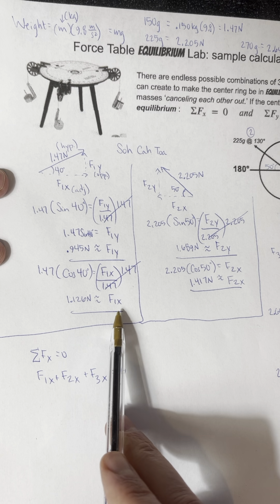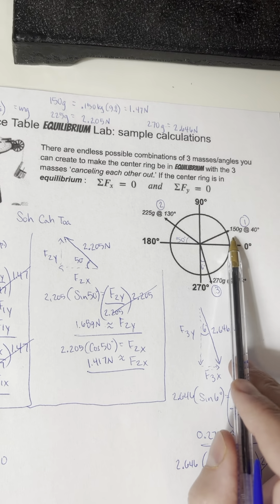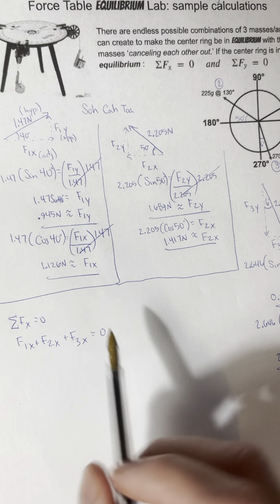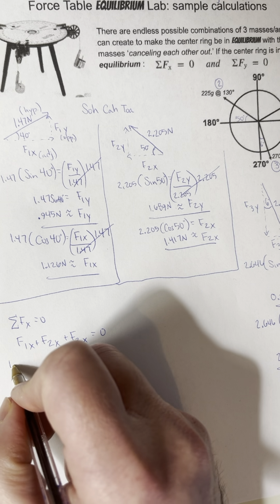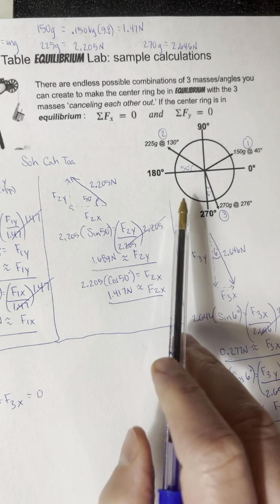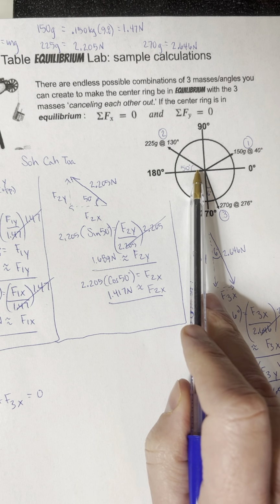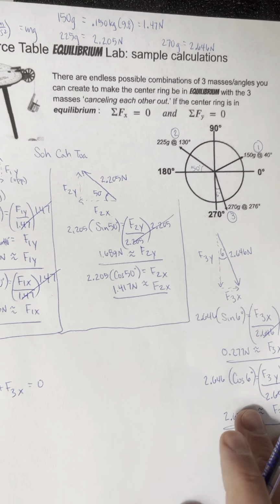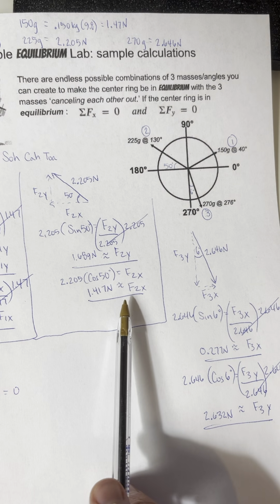So the force of 1 in the x direction, since 1 was to the right, the convention is to the right is positive, so we'll have this component be positive, 1.126 newtons. And then force 2 in the x direction is to the left, so if to the right was positive, to the left has to be negative. So force 2 in the x direction, we're going to make this negative.